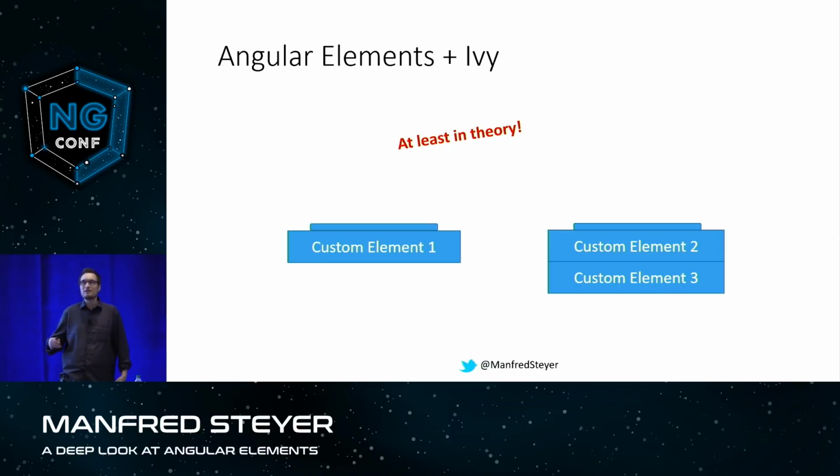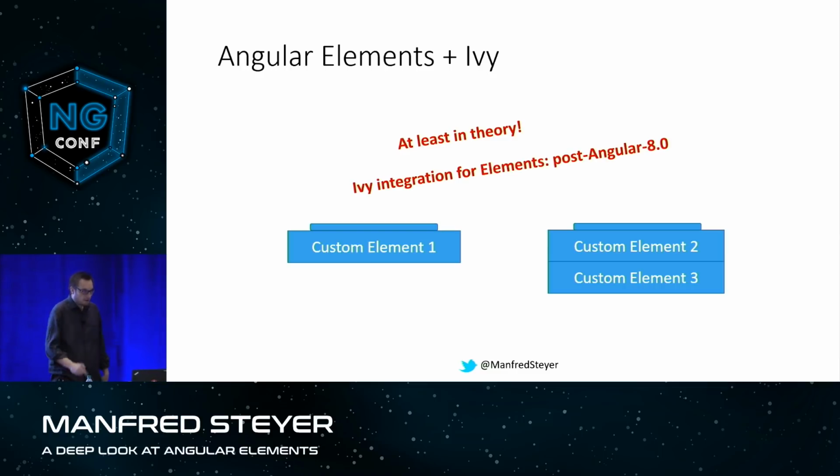That means we will not need much of Angular anymore, especially when it comes to web components. Saying this, the Ivy integration is a post-Angular 8 thing. It is not ready yet. But in the future, this will help a lot. That means we can lean back and just wait until this feature is shipped.